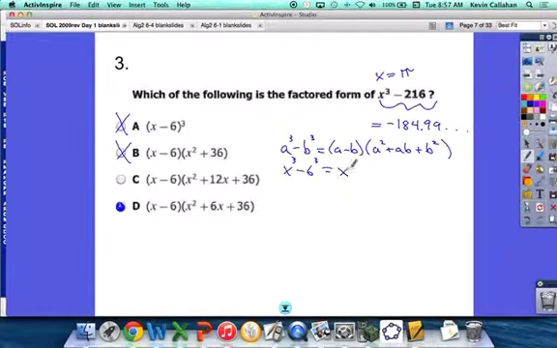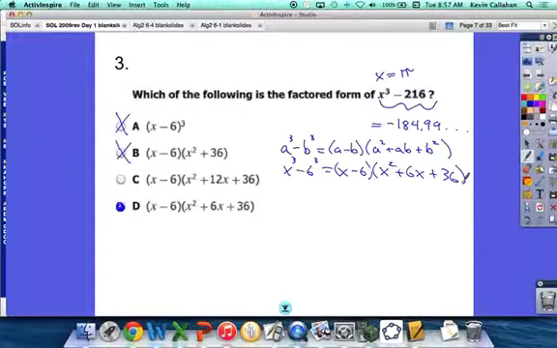So that should have been X minus 6 times X squared plus 6X plus 36. They had 2 times A times B, but that's not in the formula. But in any case, you're using the math to actually eliminate these two choices. Don't even try them; they're not going to work.